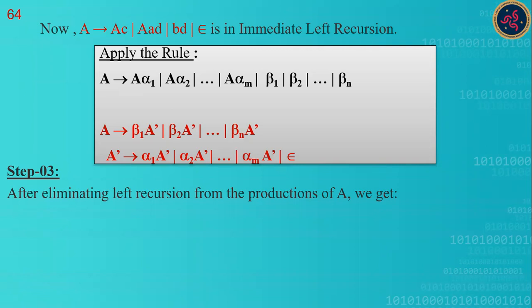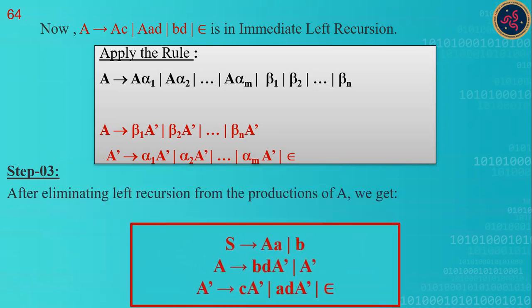These are the two, alpha 1 and alpha 2, so we have done that. Then it has to end with an epsilon value. By applying this formula, A gives B D A prime or A prime, and for A prime we have C A prime, or A D A prime, or epsilon.